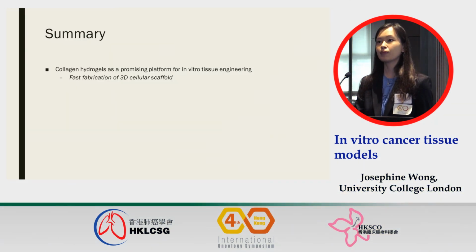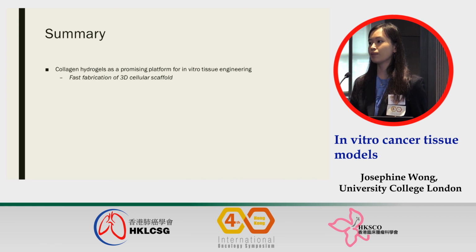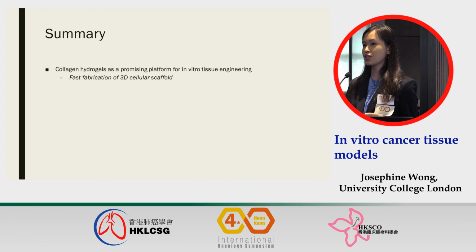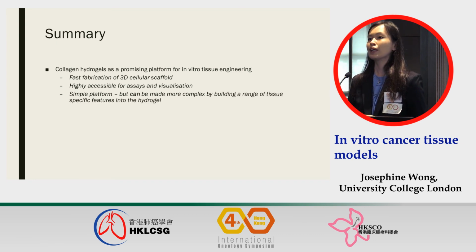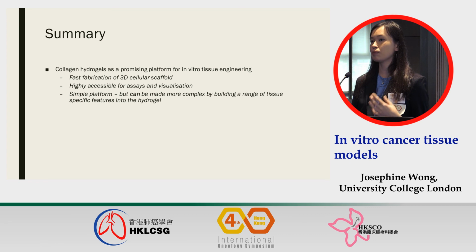So in summary, collagen hydrogels are a promising platform for in vitro tissue engineering because you could incorporate cells into a hydrogel scaffold relatively quickly. They are highly accessible for assays and visualization, which is key to studying the cells in real time. And it is a simple platform, but you can build them up into tissue-relevant models by incorporating a range of features.